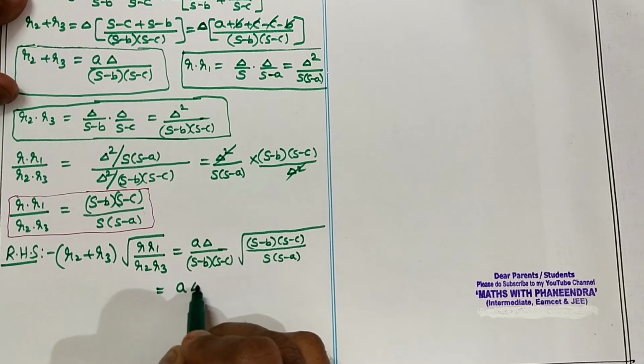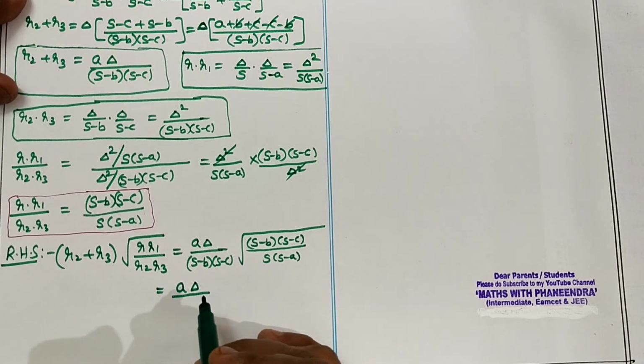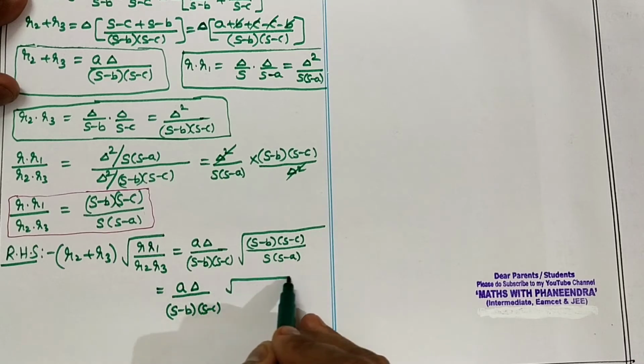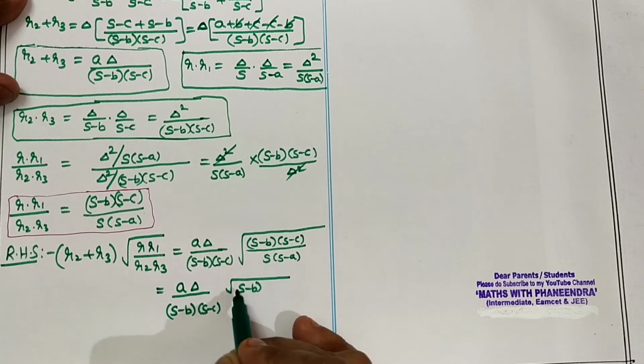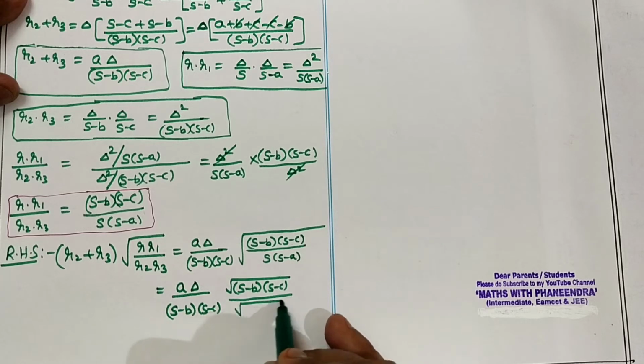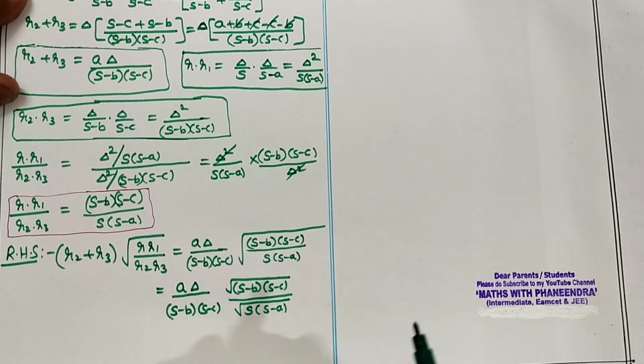A into delta divided by S minus B into S minus C, root of S minus B into S minus C divided by root of S into S minus A.